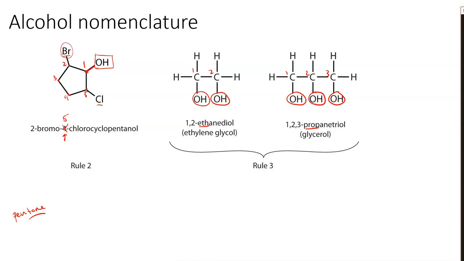And you'll notice we have a diol and a triol. So that's the difference. If we have 2 of these, we have a di. If we have 3 of these, we have the tri. So we have to still number them based off of 1, 2. They're attached right next to each other on the chain, 1,2-ethanediol. And then we have the 1,2,3-propanetriol. So that is kind of a different rule if we have multiple functional groups on our compound of interest.